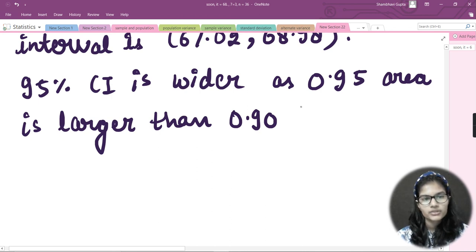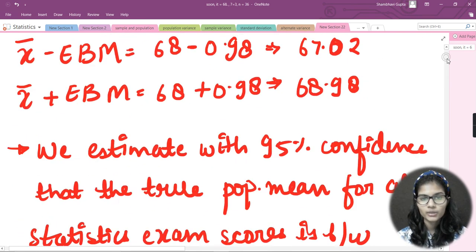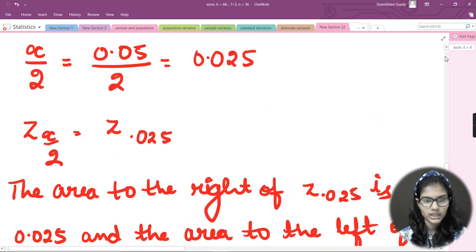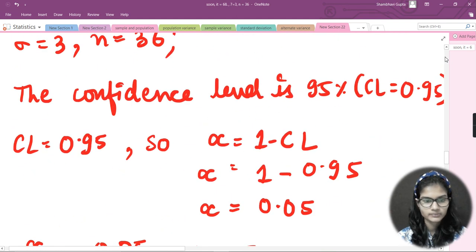So the 95% confidence interval is having the 0.95 area, and the 90% confidence interval is having the area as 0.90. So 0.95 is bigger, which means the 95% confidence interval is wider than the 90% confidence interval. Let me go to that place where we had found out the area. We have written it somewhere.